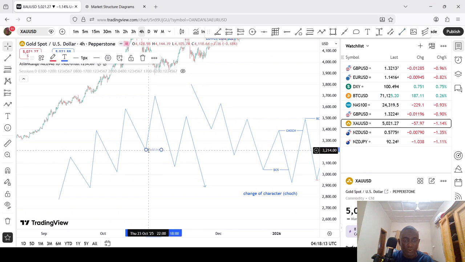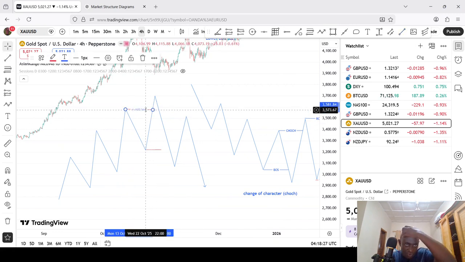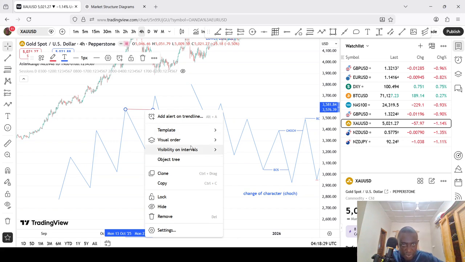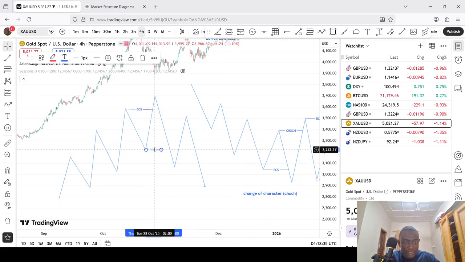Because this point at least broke this price. So since here was our BOS, we just indicate it like this. So here was BOS, and this one is our strong low.